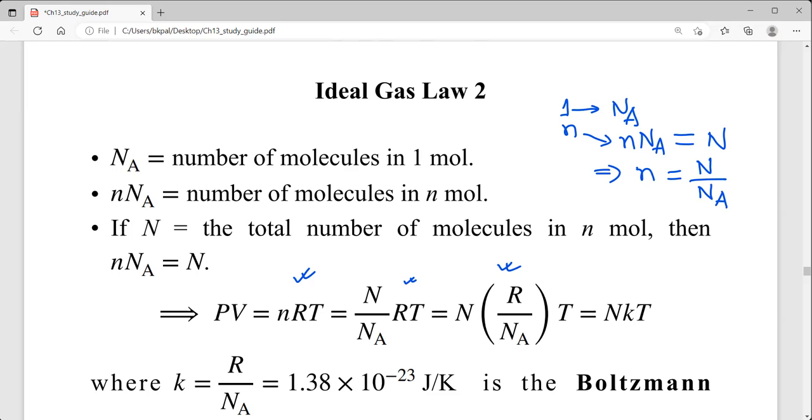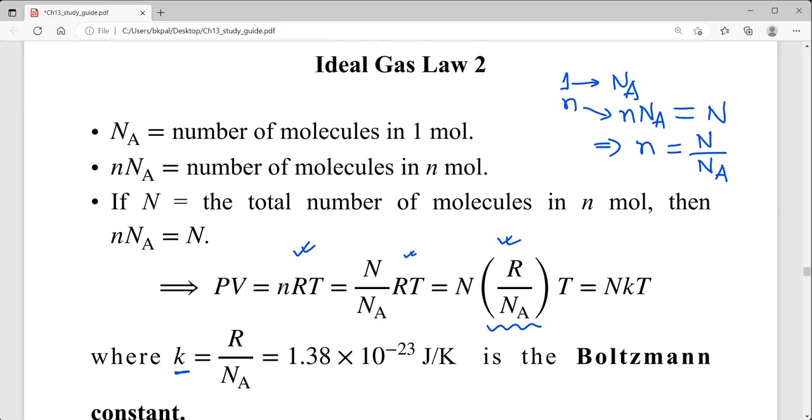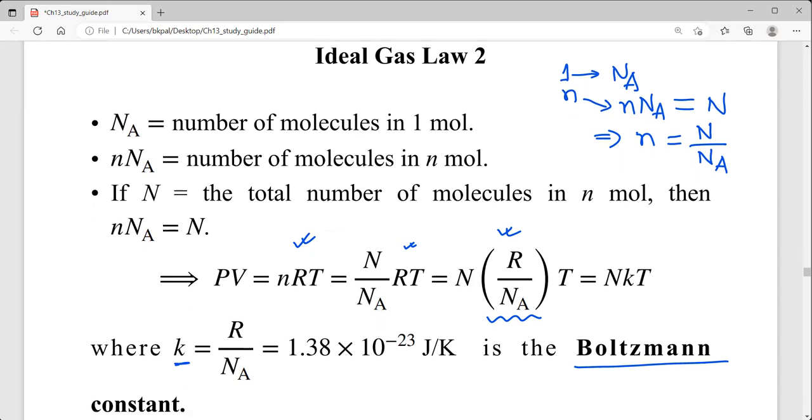Here you see that R is a constant and Na is another constant. R is the universal gas constant and Na is Avogadro's number, which is another constant. So a constant divided by another constant is another constant. This ratio has a special name. We call it k, small k, and small k is equal to 1.38 times 10 to the power minus 23 joule per Kelvin, and it is the Boltzmann constant.